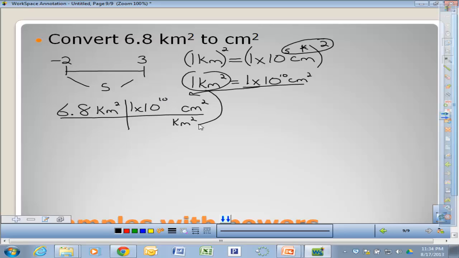Our kilometer squared is going to go down here, so 1 kilometer squared there. So we're going to go ahead and now multiply. Okay, kilometer squared ends up canceling. Multiply 6.8 times 1 times 10 to the 10th. Okay, we're going to divide that by 1. So you're going to get a final answer of 6.8 times 10 to the 10th centimeters squared.